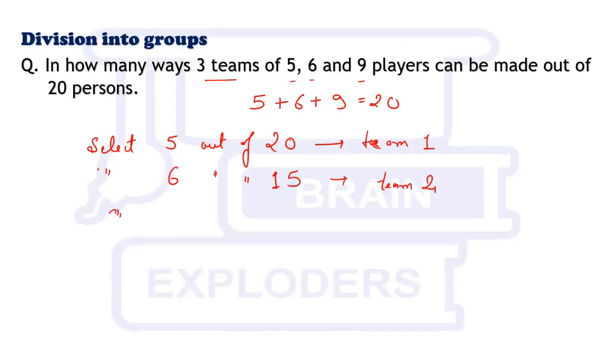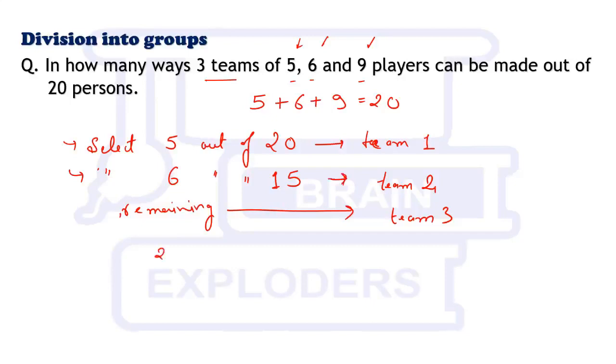Then we don't have to select anything; the remaining will automatically be in team 3. We can do this in any sequence. We can select 6 first, then 5, or 9 first, then 6, then 5, or any sequence. We will get the same result.